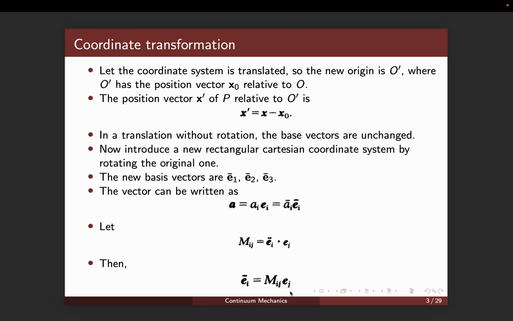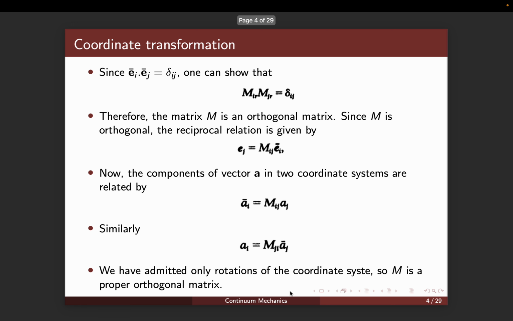This matrix turns out to be orthogonal, and one can prove this relation. So this matrix M is an orthogonal matrix. The components of a vector in the two coordinate systems are related through this matrix M. If we admit only rotation, then this matrix is a proper orthogonal matrix.